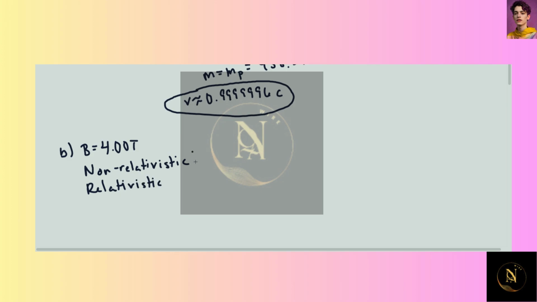The non-relativistic form, which I'll call omega nr, is equal to the velocity divided by the radius, or equal to the magnitude of the charge times the magnetic field strength divided by the mass.